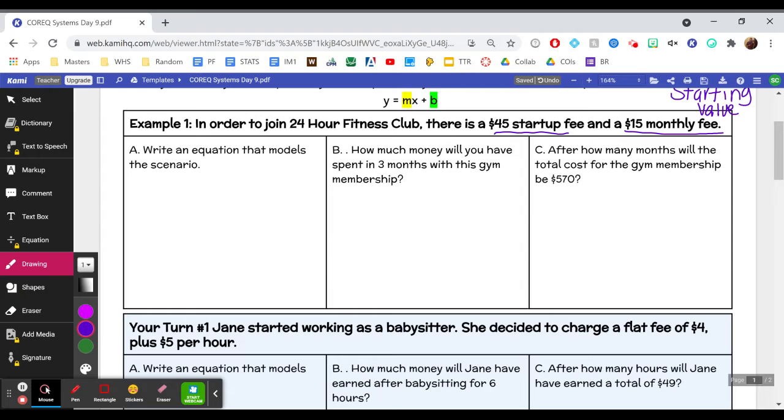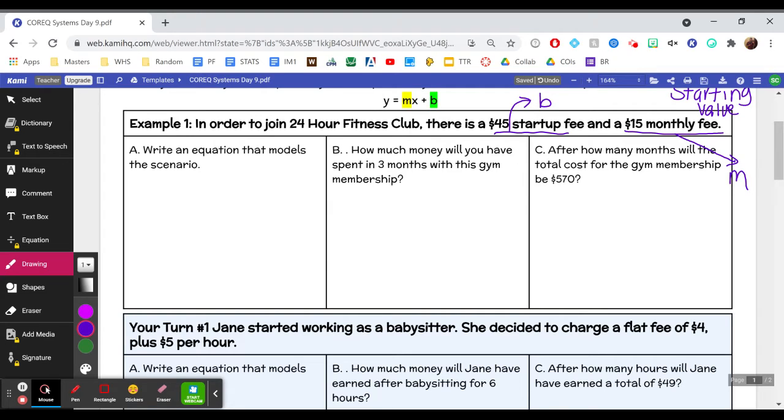So which of those two numbers change? The 15, because it depends on the monthly. So that tells me that the 15 is going to be my slope. Okay, and the 45 startup fee, it's solid. It's not going to change. So that means that that's my y-intercept.